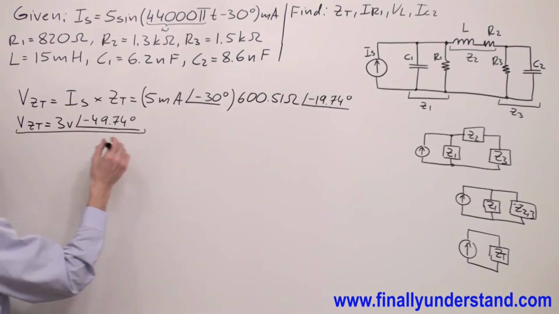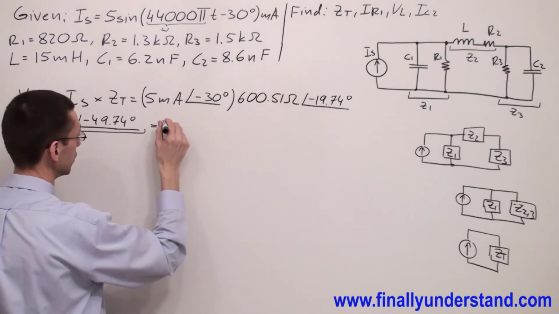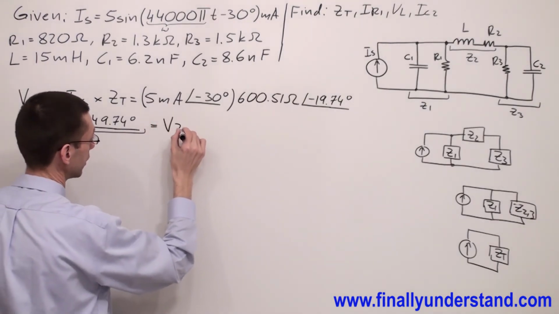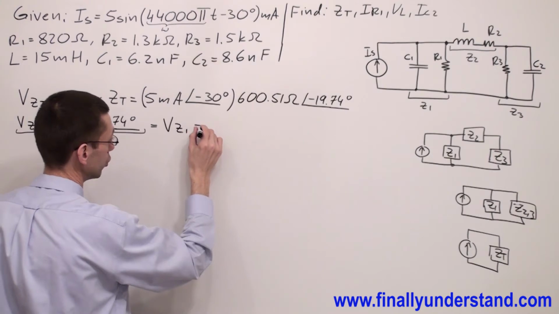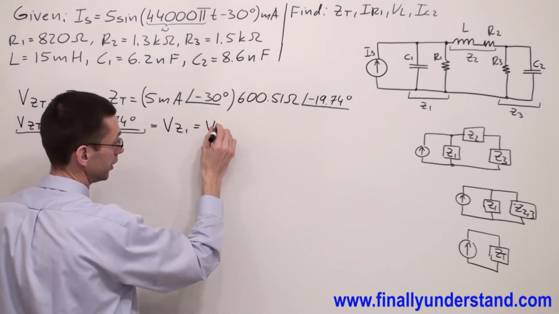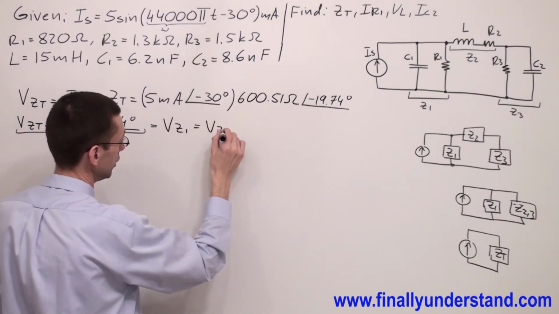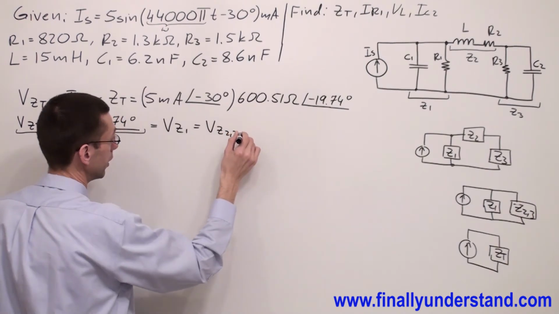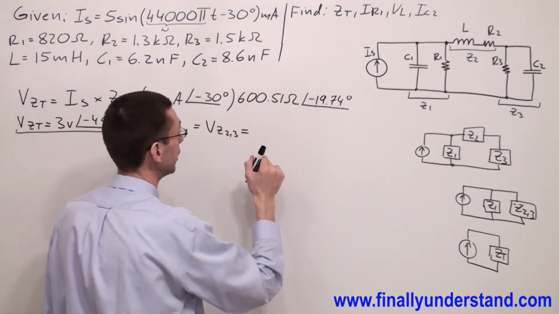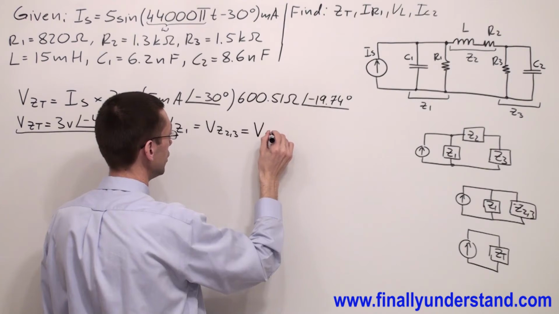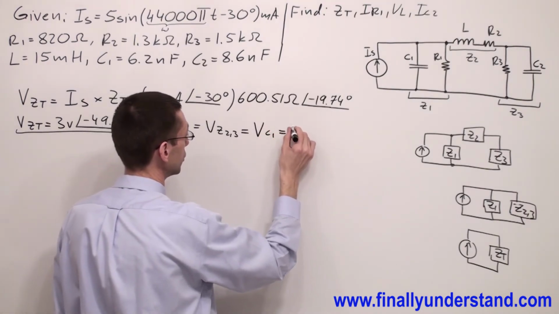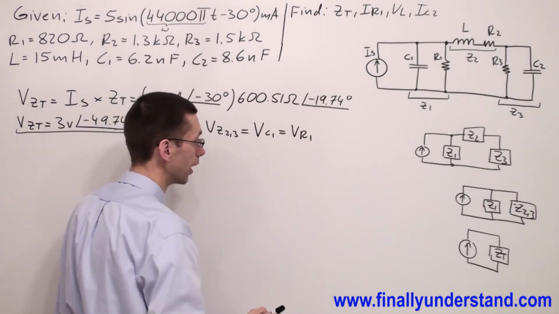VZ total is equivalent to the voltage VZ1 is also equal to VZ23 and is also equal to VC1 and is also equal to VR1. Why?